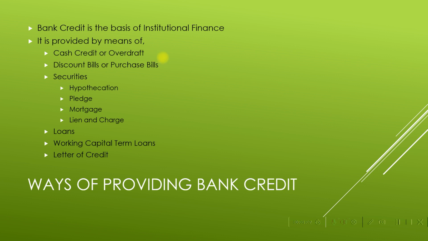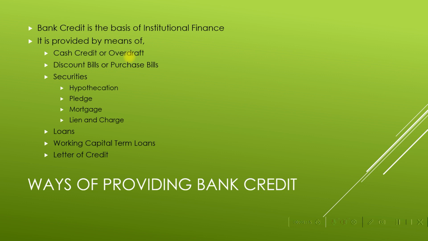The first one is cash credit or overdraft. In this form of credit, the bank specifies a predetermined borrowing limit. The borrower can draw up to the stipulated credit or overdraft limit, and within the limit, any number of withdrawals are possible to the extent of one's requirement. Repayments are also accepted during this period.